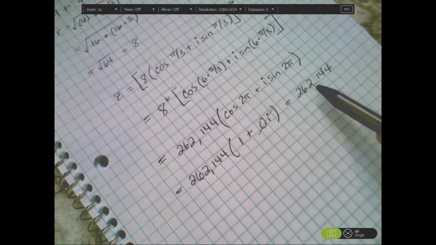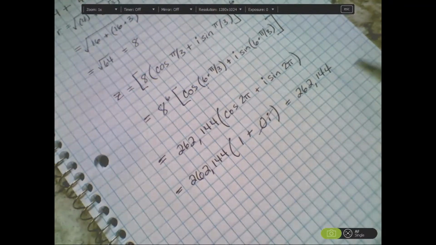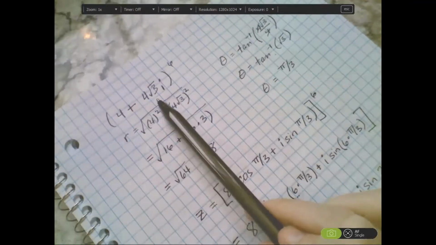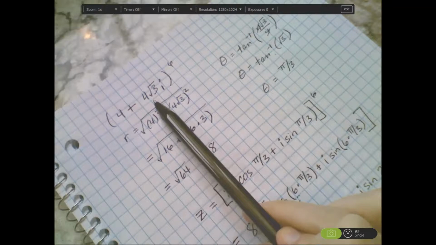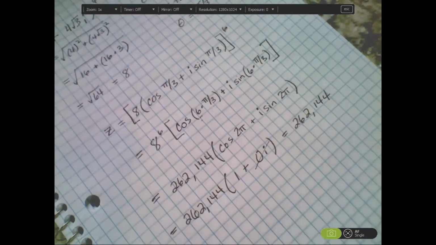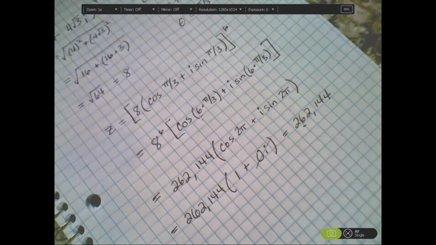So our answer ends up being just a real number, which is kind of a weird thing to think about, that you can take a complex number that's got both parts, a real part and an imaginary part, and when you raise it to a certain power, do all the work, you just end up with a real number. The imaginary part just ends up going away altogether.